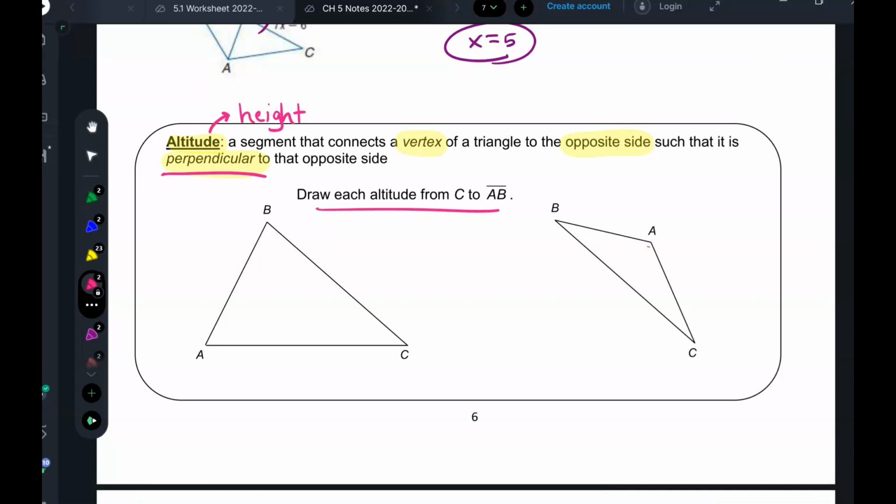So think about taking your ruler, and I want to picture the line that's going to go perpendicular to AB. So that's going to look like that, kind of. Make sense?